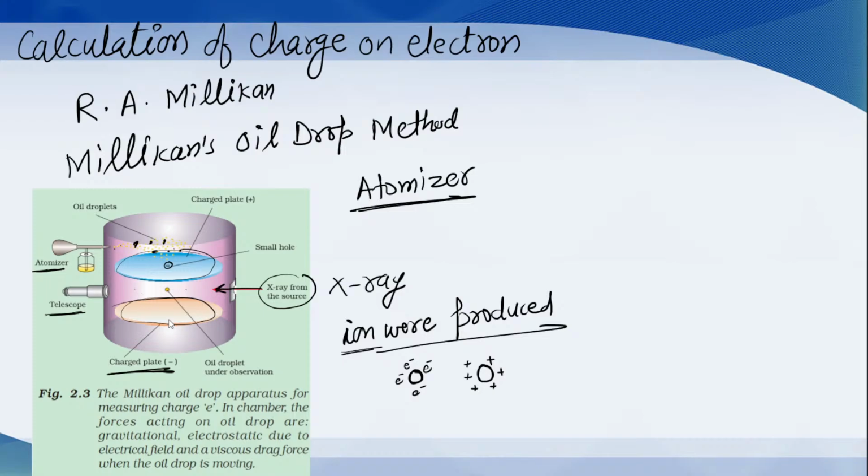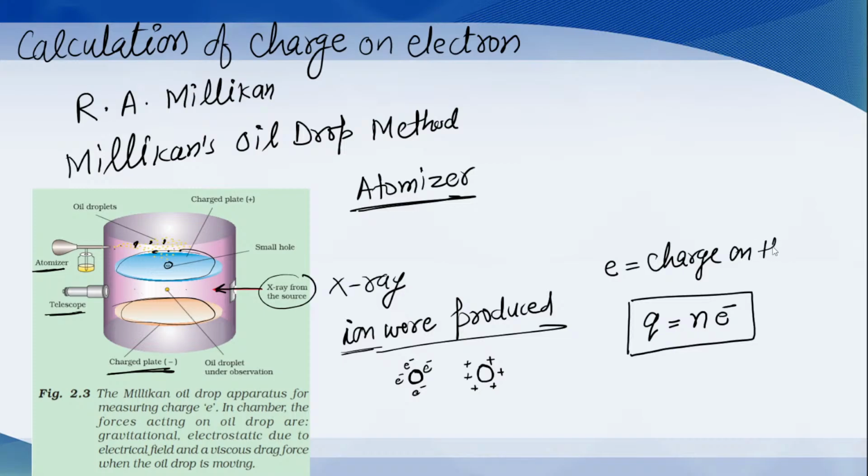And he further stated that the charge on the droplets is n into e, where e is the charge on one electron and n is the number of electrons: 1, 2, 3, and so on. It denotes the number of electrons.